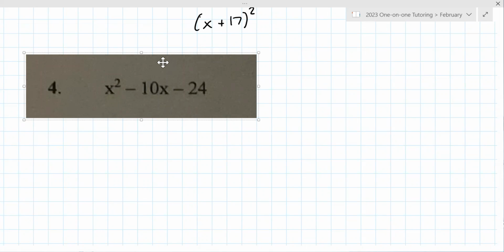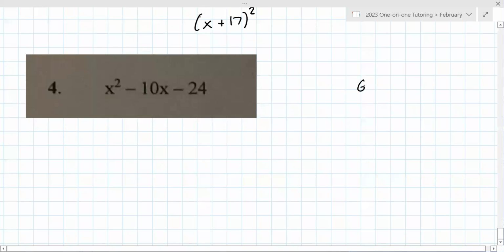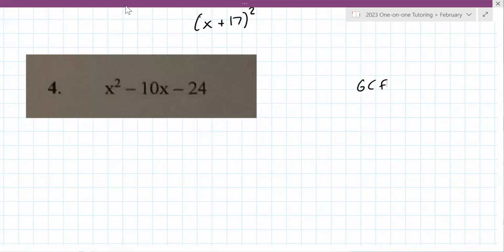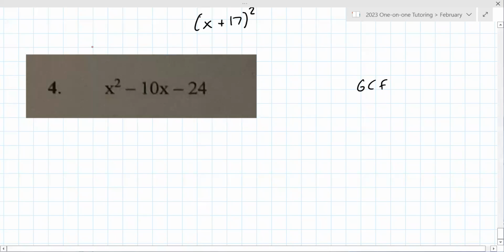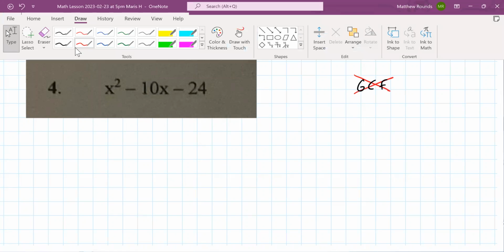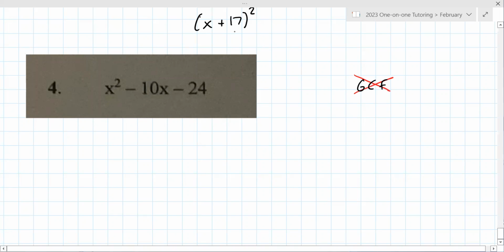It could be GCF. What would the GCF be? What goes into all three? It has to go into all three. Yeah, I forgot about x squared. No GCF on this one. It's not a difference of squares because there are three terms.